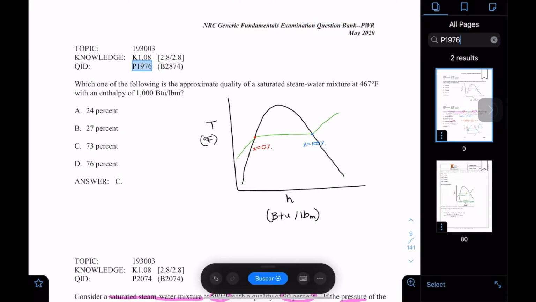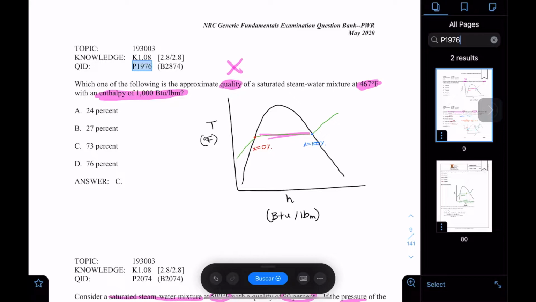What is the question asking us? Which one of the following is the approximate quality of a saturated steam mixture? So it's asking us about the quality. We need to calculate X. We're somewhere in here, but where exactly? They're giving us the temperature of the saturated steam water mixture, and they're giving us the enthalpy.